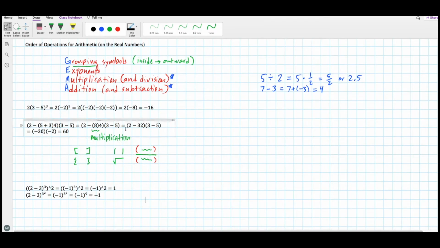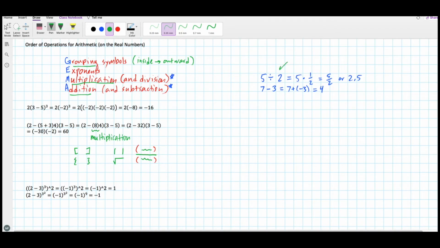Okay, next up, multiplication and addition both have the same rule. For the most part, people treat it as you go left to right. However, multiplication and addition are both commutative. So you actually have an option there in terms of the order. Now, it does have to be converted to addition or multiplication before you can start changing the order of things.